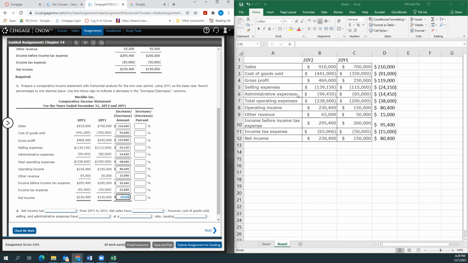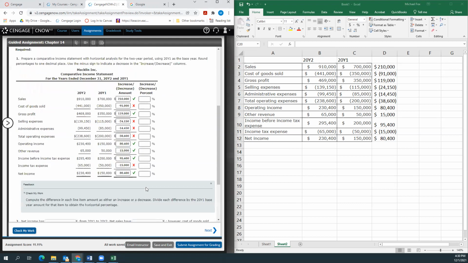So there we go. All I did was subtract the older year from the newer year. I'll double check my work to make sure it's good. Oh, it didn't like any of my negatives. I'm not sure why, because if you think about it, 350,000 minus 441,000 should be a $91,000 decrease, but it didn't like that.